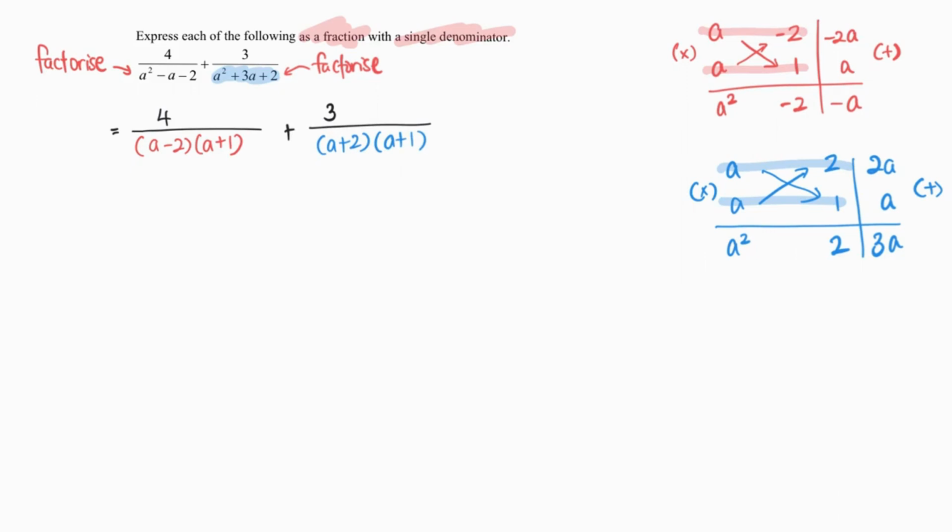And then in order to make all of them the common denominator, I saw that a plus 1 is the same. I just need to multiply by a minus 2 here. And here I multiply by a plus 2. And the whole fraction I can combine into a single fraction.